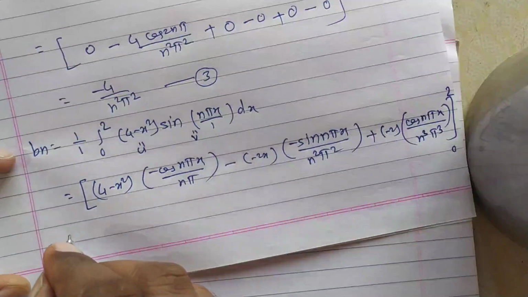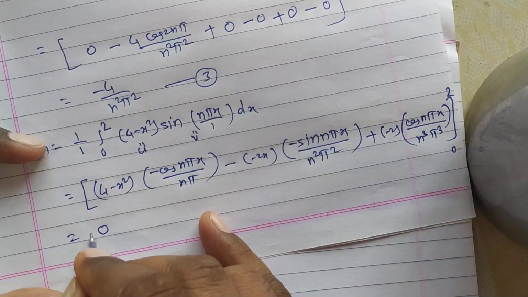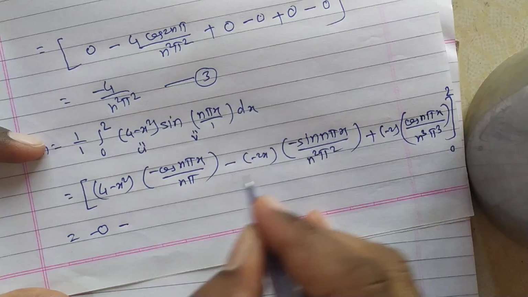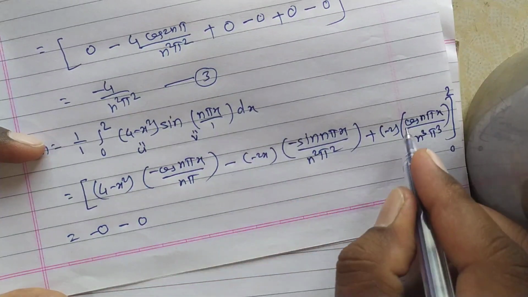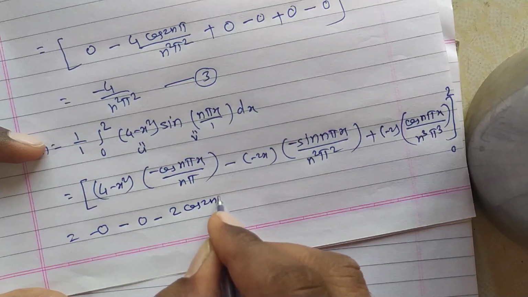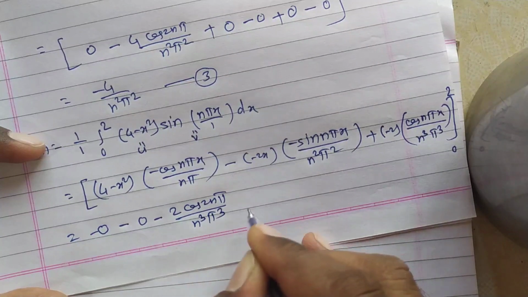If you put the upper limit x equal to 2, so 2 square is 4, 4 minus 4 is 0 here. 3 times minus sign minus, so x equal to 2, again sine 2n pi is 0. Here minus sign a, minus 2 into cos of 2n pi upon n cube pi cube.